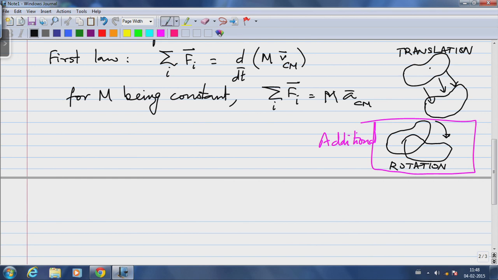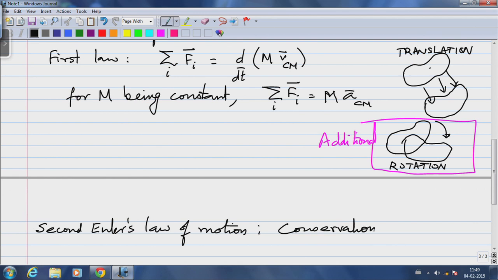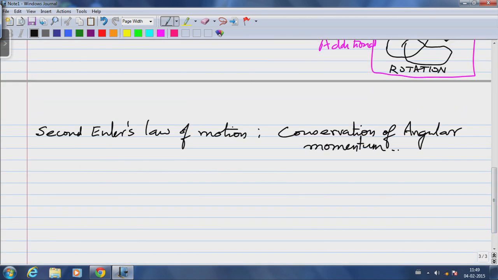But if I have to also study this additional degree of freedom, then there is a second law which pertains to conservation of angular momentum.